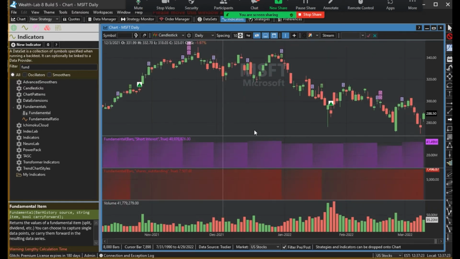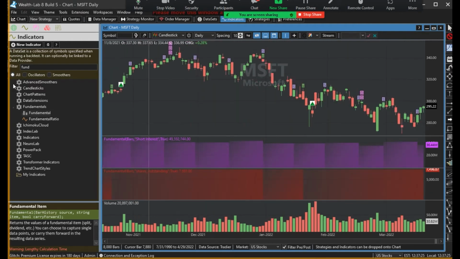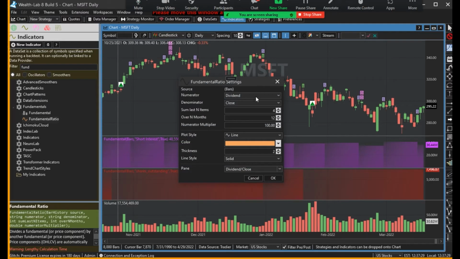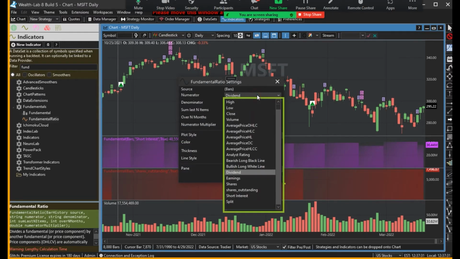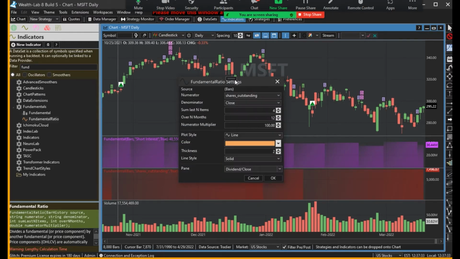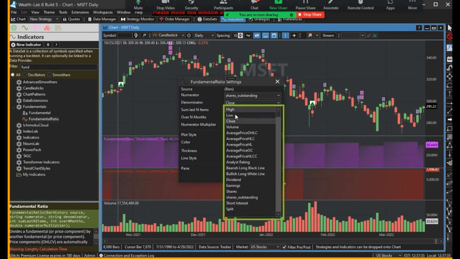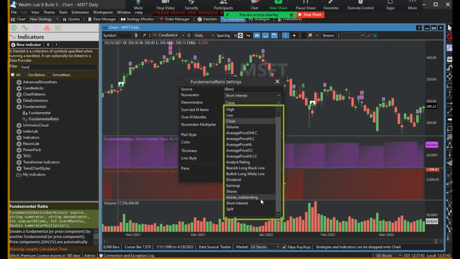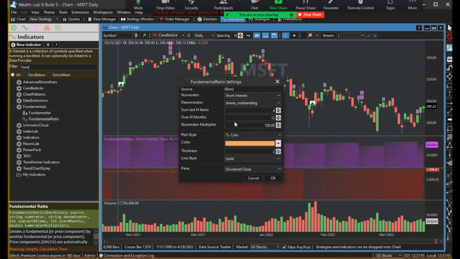So now let's create a new ratio indicator. So we're going to say the numerator is shares outstanding, and the denominator is, or no, the numerator would be short interest, and the denominator would be shares outstanding, right? Yeah. And we can multiply it by something. Let's say 100.